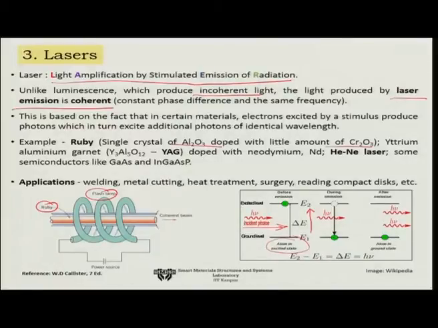After that, they start to excite more electrons in the system, this gets multiplied, and that becomes a source of coherent light emission. So, this kind of system generates a coherent beam, and that coherent beam can be used for many detections of physical properties of materials.